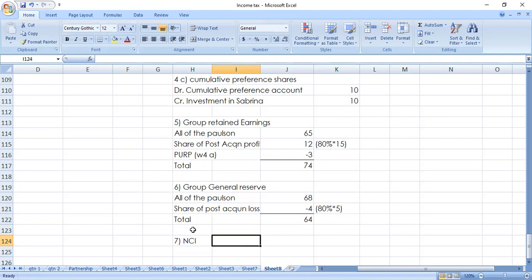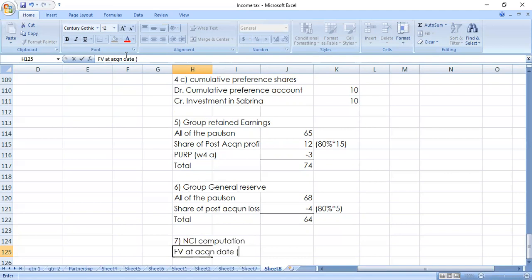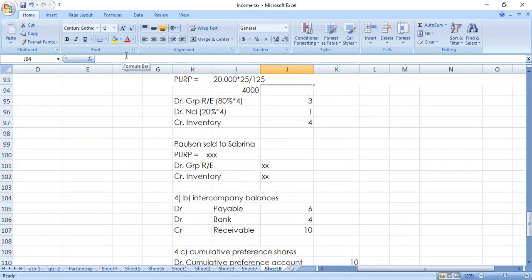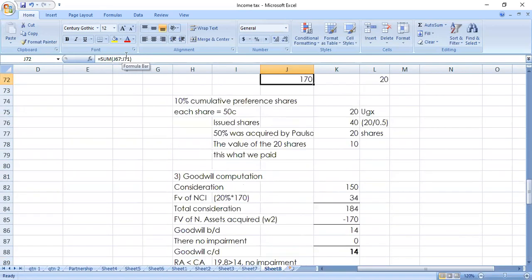Now the NCI computation. You just bring the fair value at acquisition date, the way it is in working number 3. What was it in working number 3? Goodwill, it was 34, as you can see.